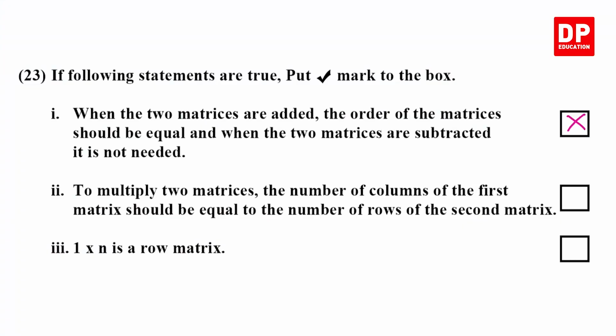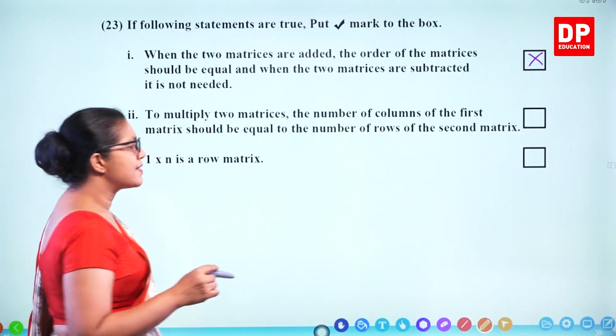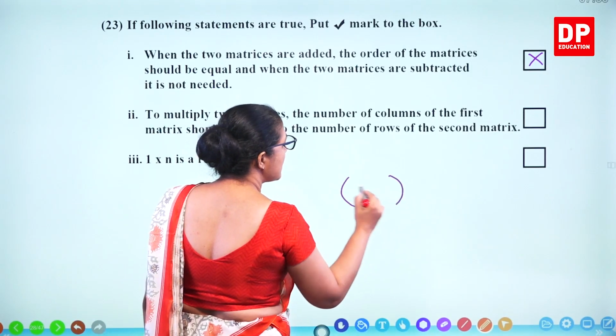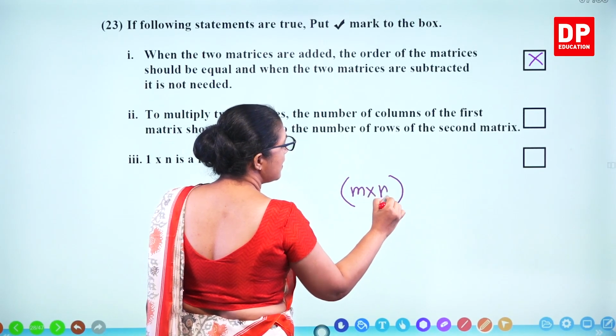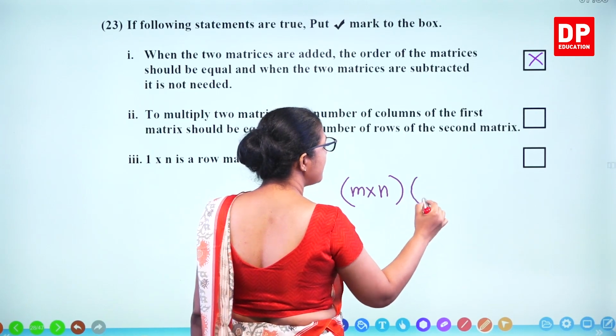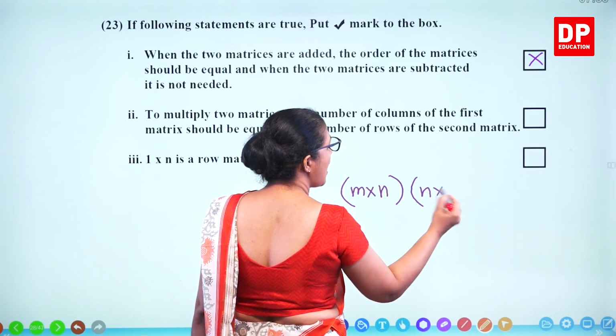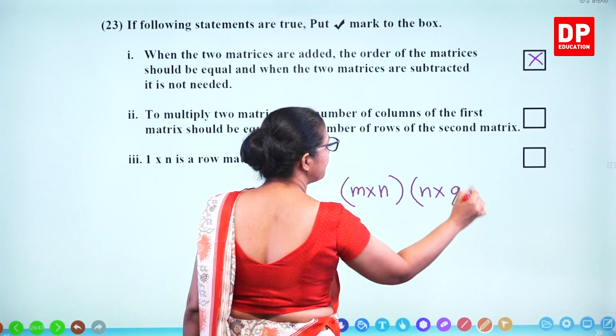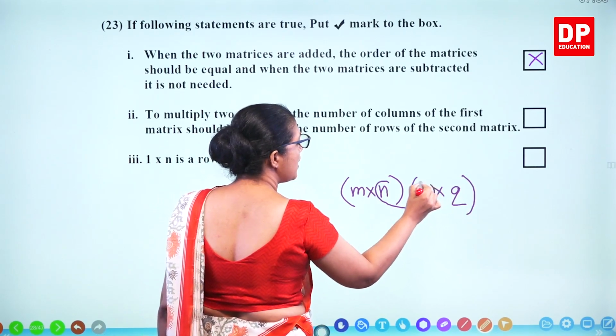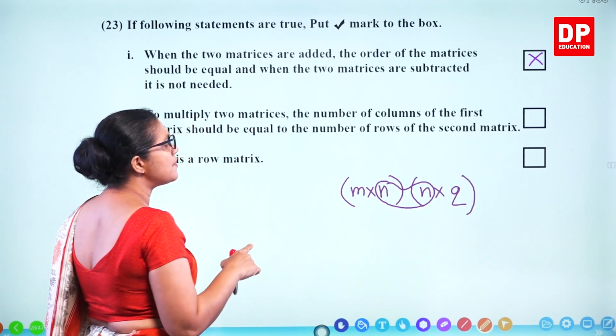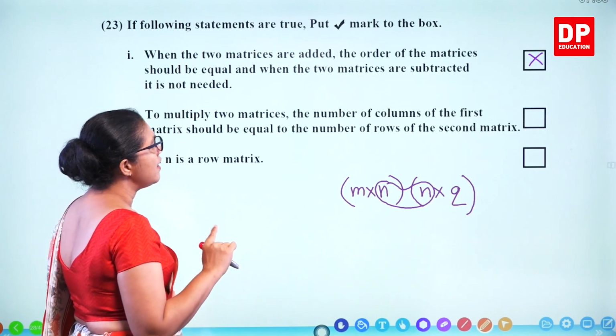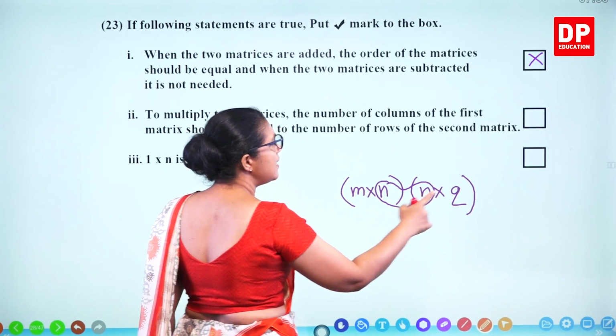To multiply two matrices, the number of columns of the first matrix should be equal to the number of rows of the second matrix. Yes, if it's m times n in the second one, the other one should be n times anything. So this should be equal. Number of columns in the first one should be equal to number of rows in the second one.